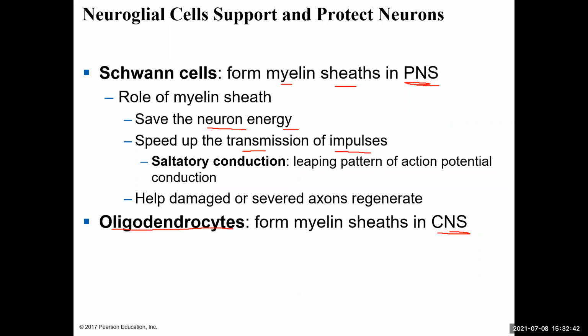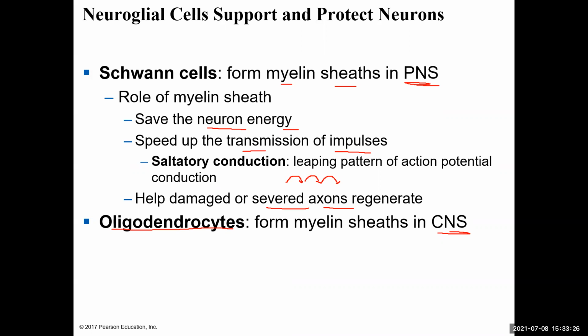It basically makes the transmission of these action potentials a lot more efficient, and it creates a specific type of conduction pattern known as saltatory conduction. This is basically a leaping pattern, so something like this, right? So it kind of hops down the neuron. And I have an image in the next slide to help you see that represented in figure form. Another function of the Schwann cells is to help damaged or severed axons regenerate.